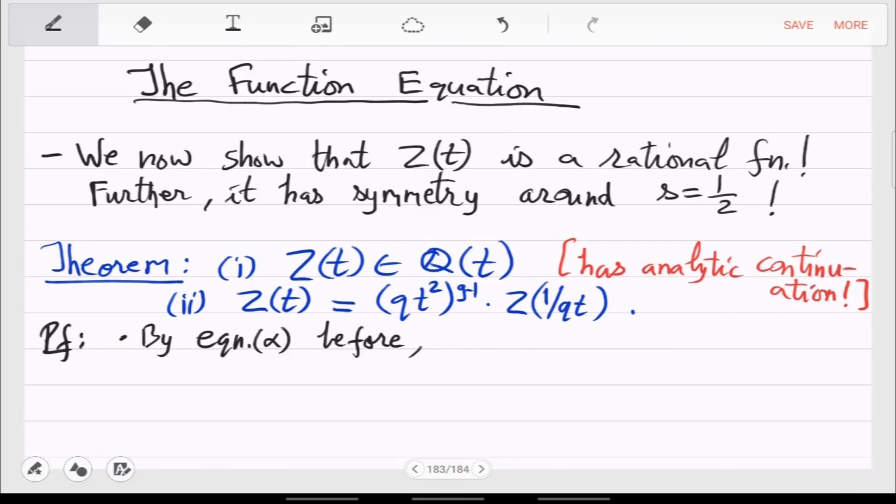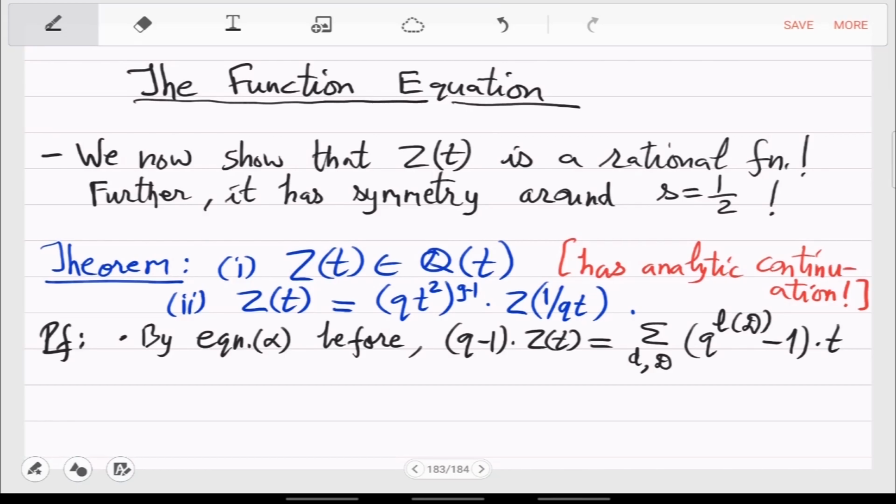We can write (q minus 1) times Z of t equal to the sum over appropriate degree and appropriate class of (q raised to L of the class minus 1) times t raised to d. Right, that is what we have simplified. At least the innermost sum we have simplified.